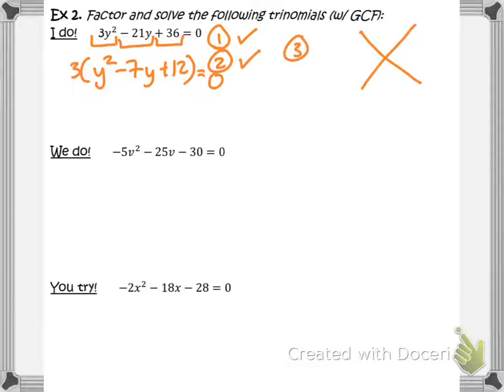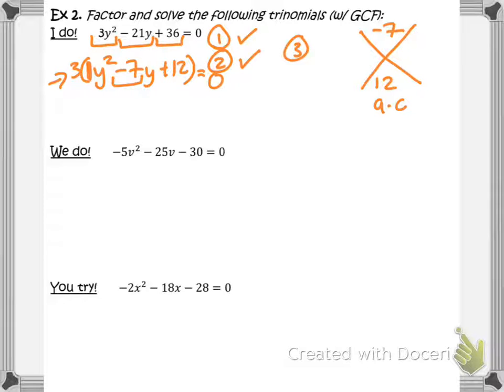Remember the B value goes on top, so negative 7 goes on top. On the bottom is A times C, which is going to be, so this is my A, which is 1. 1 times 12 is 12. This 3, even though it's on the outside, it's not part of your trinomial.